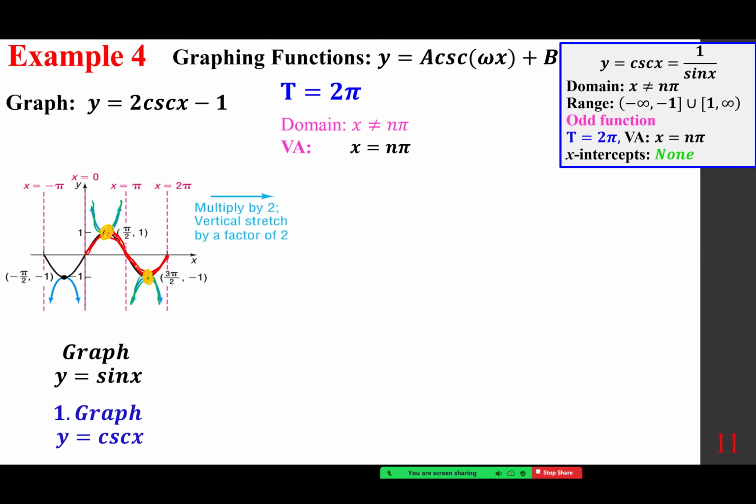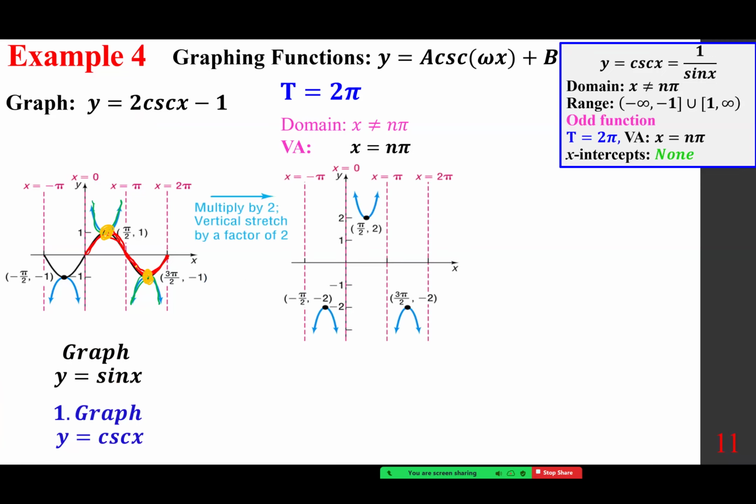This point becomes 3 pi over 2, -2. Okay. Nothing else changes. By that, I mean, look at the asymptotes, they remain unchanged.